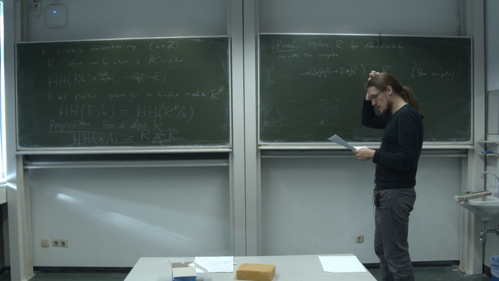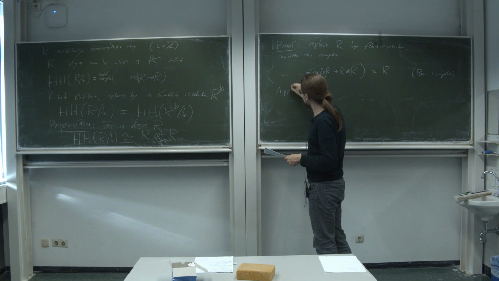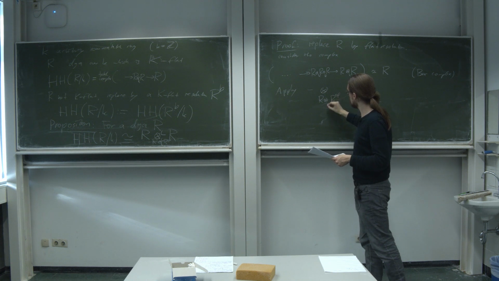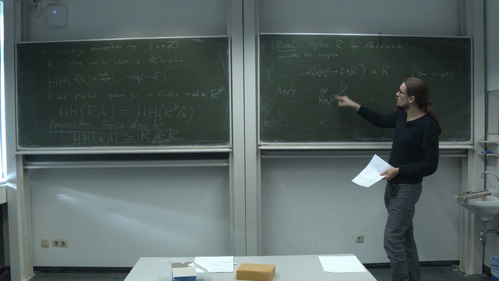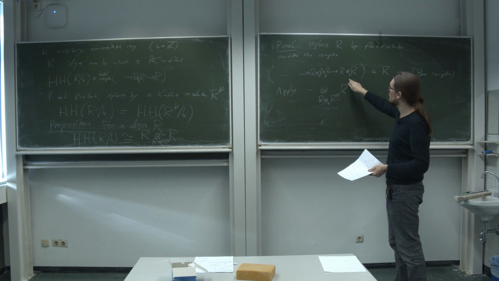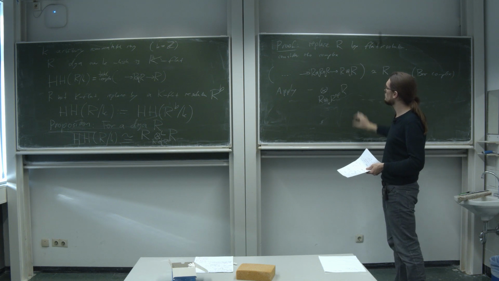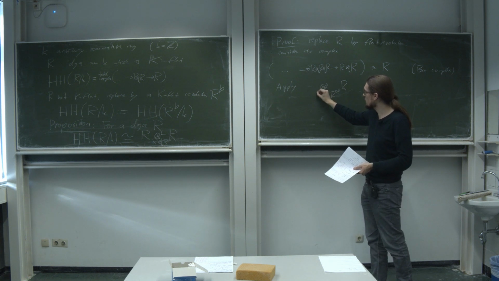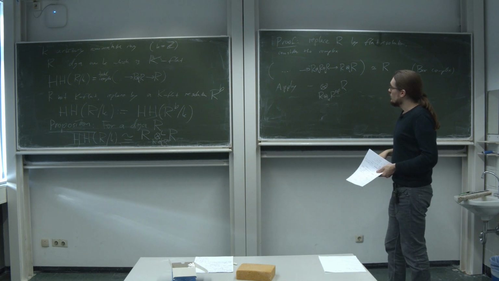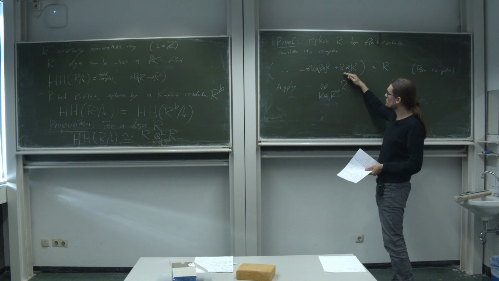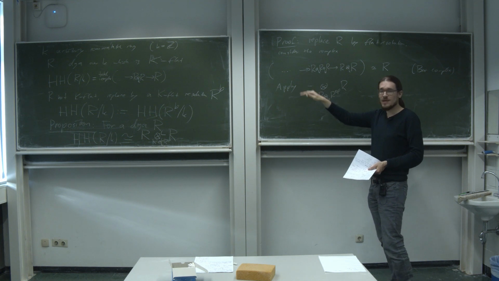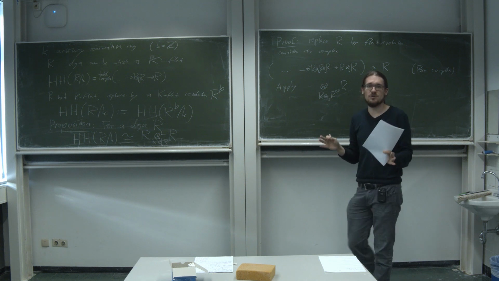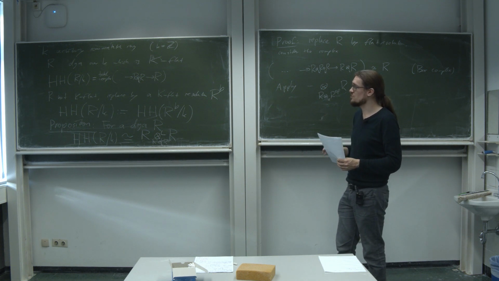So if we apply this base change here to our complex, using the fact that each of these terms has a bimodule structure and all the maps respect this bimodule structure, so we can think of this as a complex of R tensor R op modules, then after the base change we get a complex with one factor of R less in each degree, and by directly looking at the differentials, you can check that that complex now is exactly the complex we used for our definition of Hochschild homology.